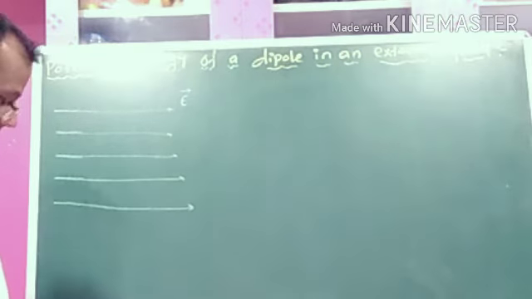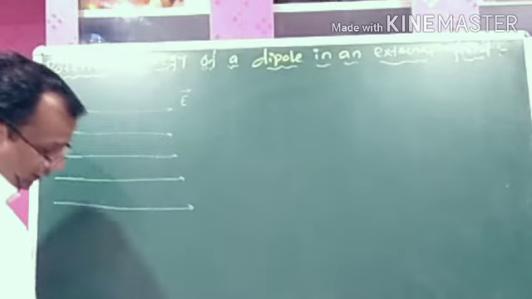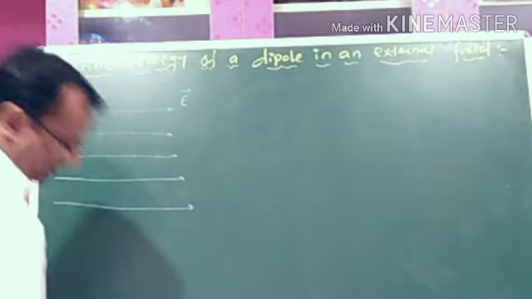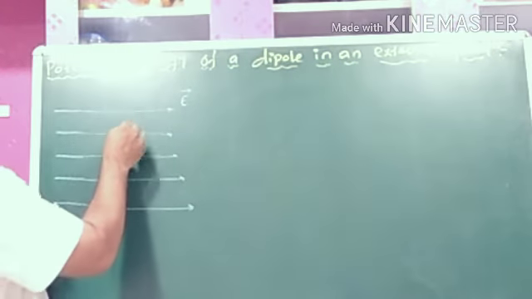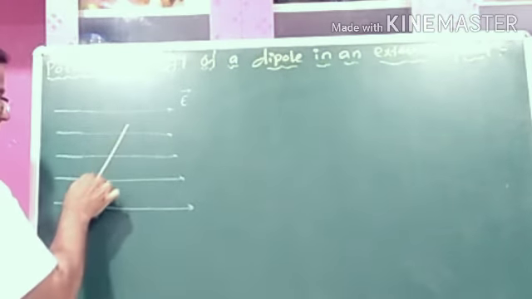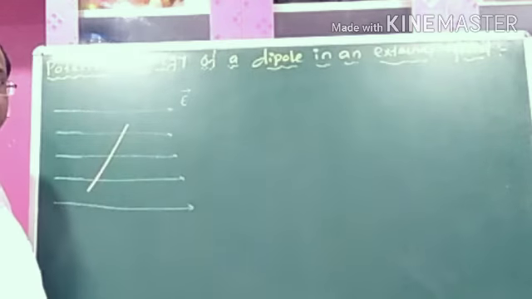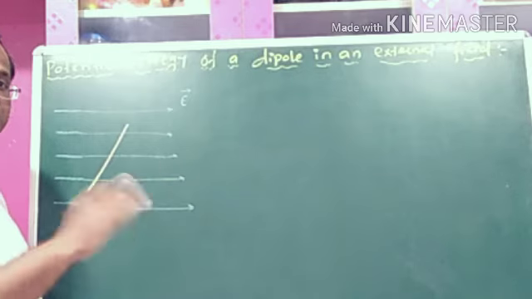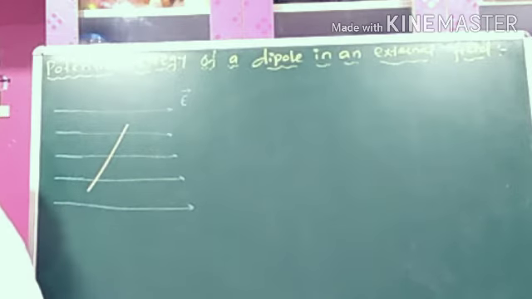You know the meaning of electric dipole. Suppose we keep the electric dipole inside this electric field. Electric dipole means two equal and opposite charges separated by a finite distance.